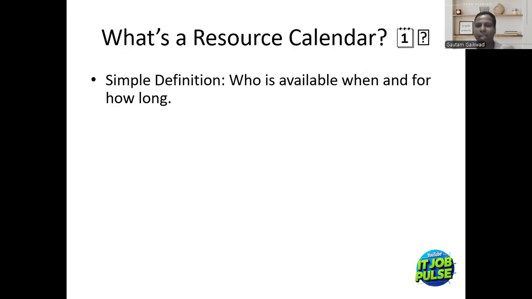So things like this, like labors, like let's say for how many days they'll be available, and for how long they will be available. Like they will be working from morning to evening, they'll be working on Sundays and all the things. That is what the resource management and this resource calendar is about.